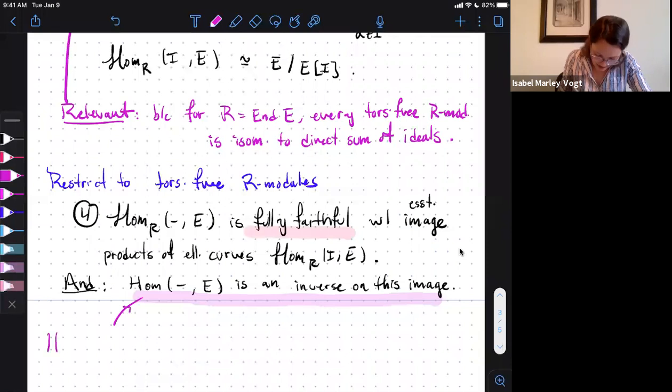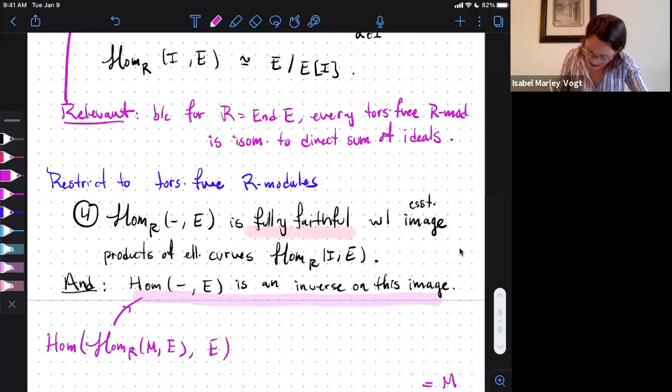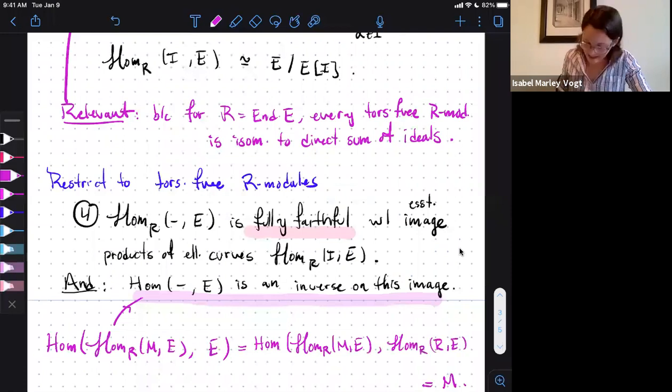We have to show that if we take Hom of this fancy Hom of a module into E, then at the end of the day, we just get the module back, right? So I'm going to rewrite this as Hom of this fancy Hom of M into E, and then I can rewrite E as fancy Hom of R into E, right? That's clear from the construction that E is in the image and in this particular way.